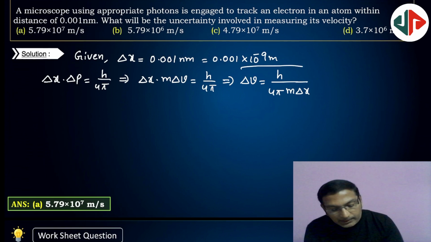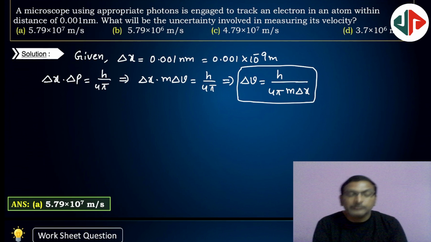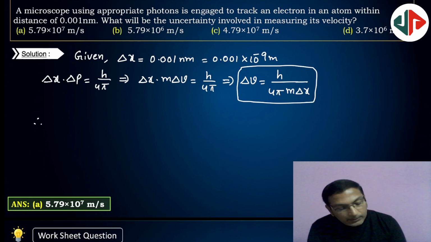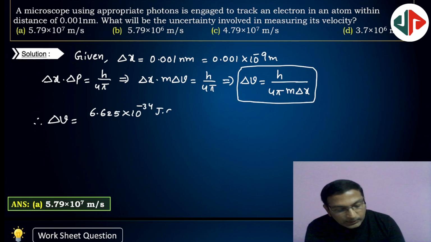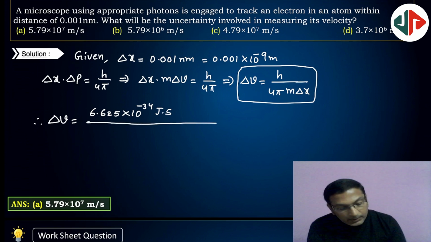This is the formula for the given question. So therefore, delta v equal to, what is h value? h value, 6.625 into 10 power minus 34 joule second, divided by 4 into pi value 3.14.